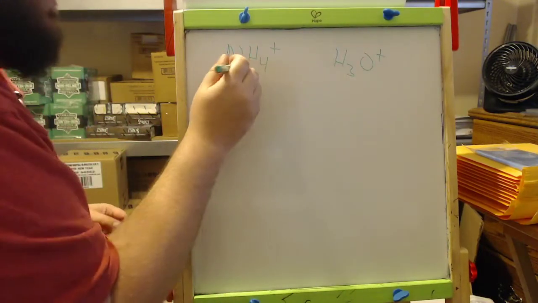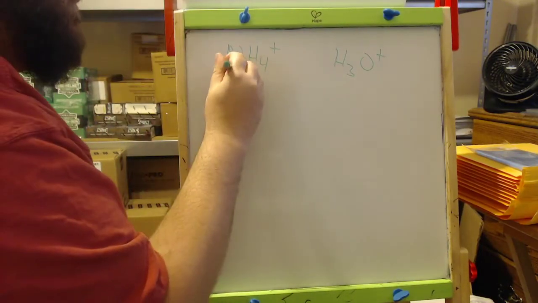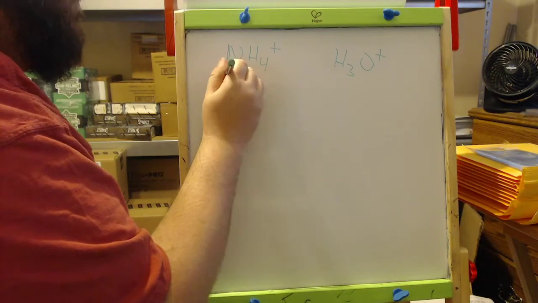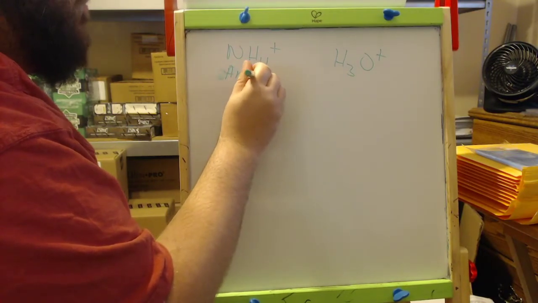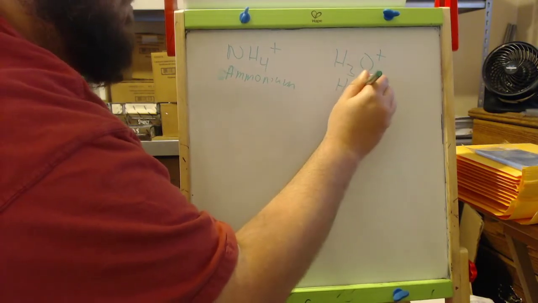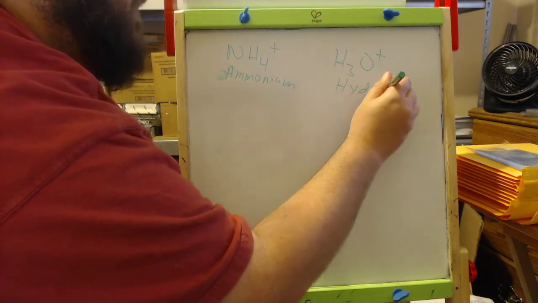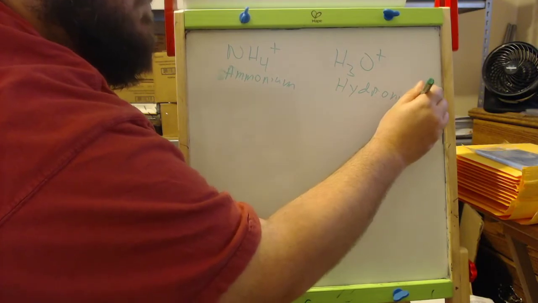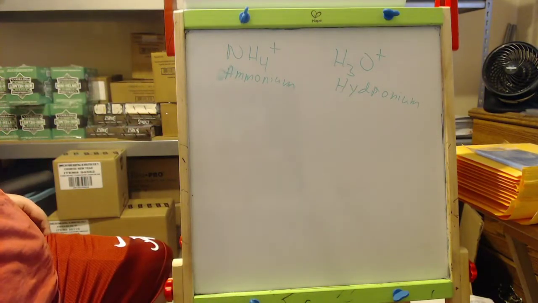This is ammonia with an extra proton. It's known as ammonium. Ammonium. And this is known as hydronium. It's a water. And we'll see these more when we do acids and bases. Okay, so hydronium and that.